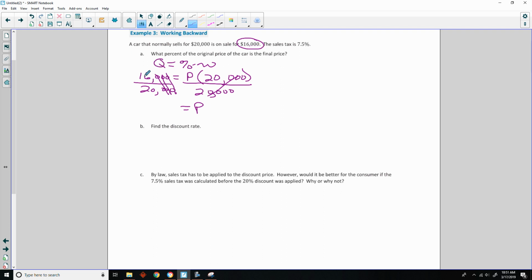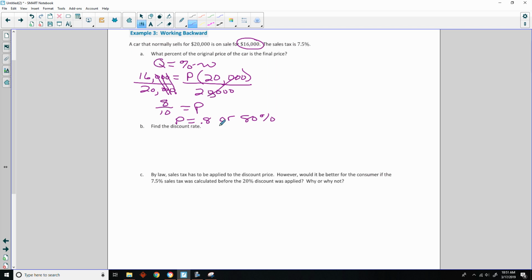Half of 16 is 8 over 10. So 8 over 10 means 0.8, or 80%. So 16,000 is 80% of $20,000.